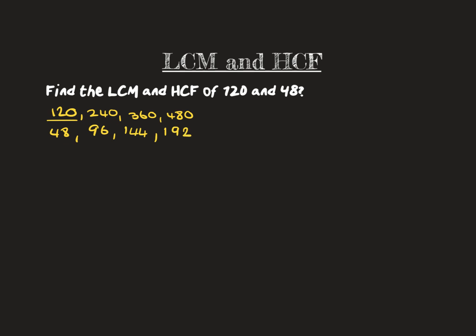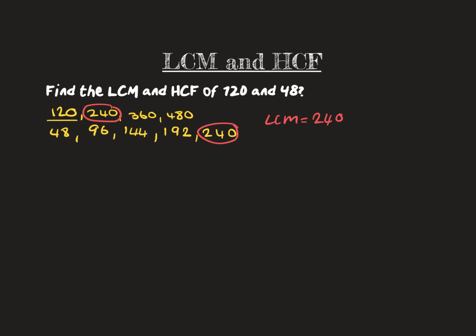And add another 48 onto 192, you get 240. And there we found it, because 240 is in both lists. So our lowest common multiple here is 240. So the LCM is equal to 240.